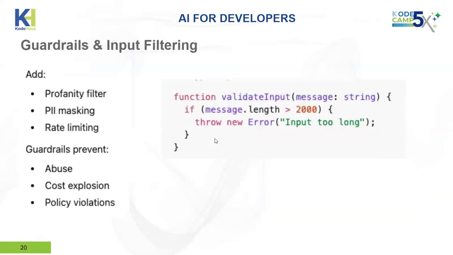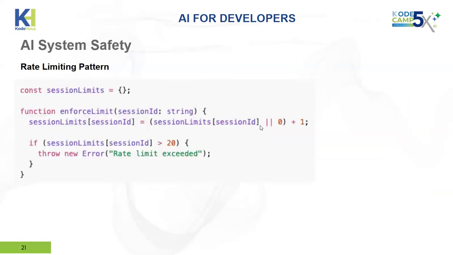Okay. Same thing, guardrails, input filtering. We already talked about that. Profanity filter, moderation, PII masking, privacy information to make sure it doesn't go out, rate limiting. Guardrails will prevent abuse, cost explosion, and policy violations.